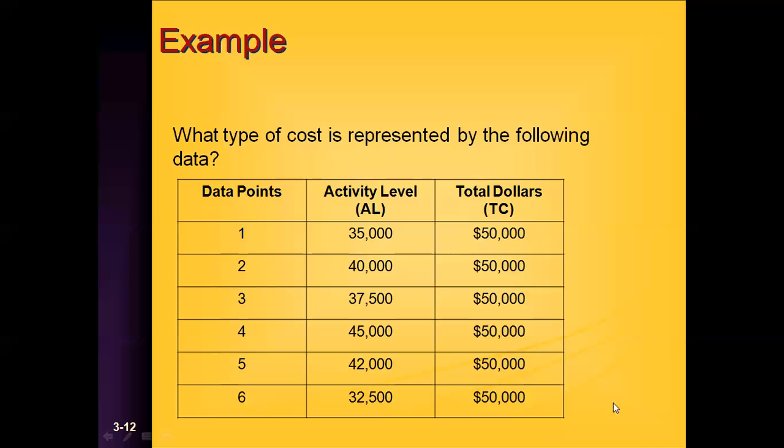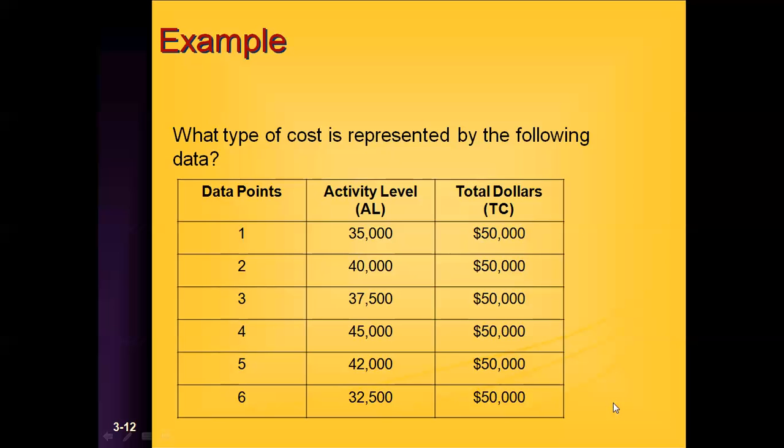And for the purposes of consistency, we're going to call activity level AL, and we're going to call total dollars or total cost TC.